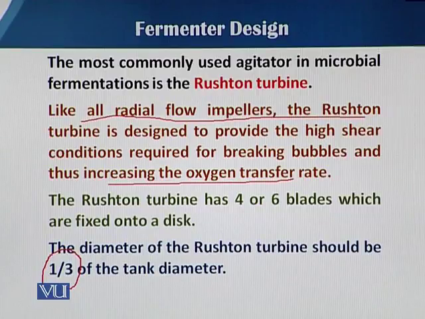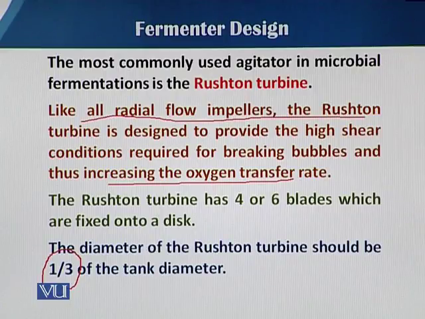So the radial flow impellers and the Rushton turbine impellers are mostly used when we need high mass transfer in terms of oxygen solubility and oxygen need.